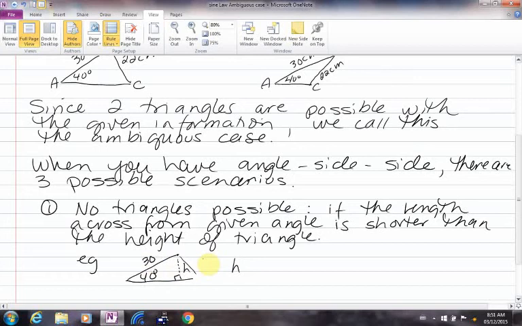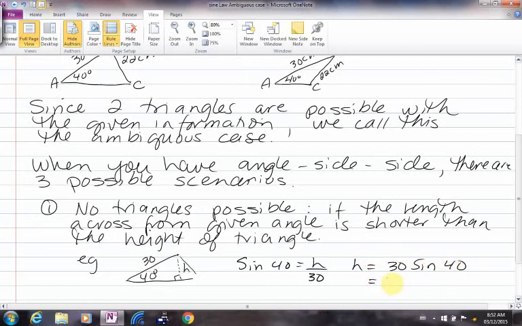Use the sine law. I don't need the sine law, we just need straight on sine because it's a right triangle, right? So this is opposite over hypotenuse. So the sine of 40 equals h over 30. So h is equal to 30 sine 40.